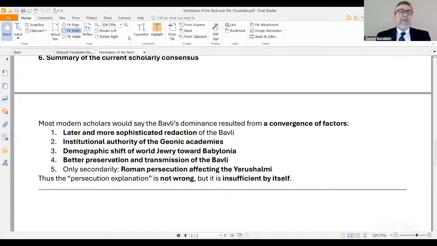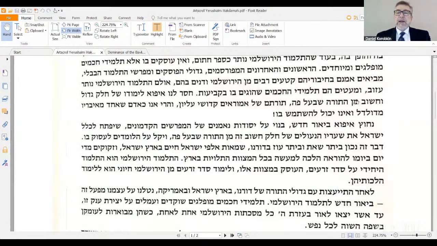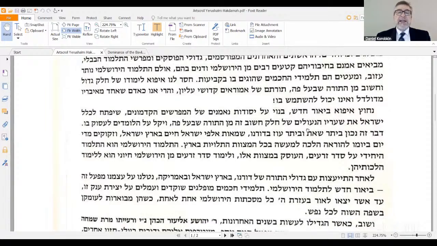Okay, so getting back to the Art Scroll Hakdama, let's go. Nachutz efo biur chadash. So he's explaining why we needed a more modern explanation, especially in our generation, shemeot alfei Yisrael chayim be'eretz Yisrael, where you have hundreds of thousands of Jews, now millions of Jews, living in Eretz Yisrael.